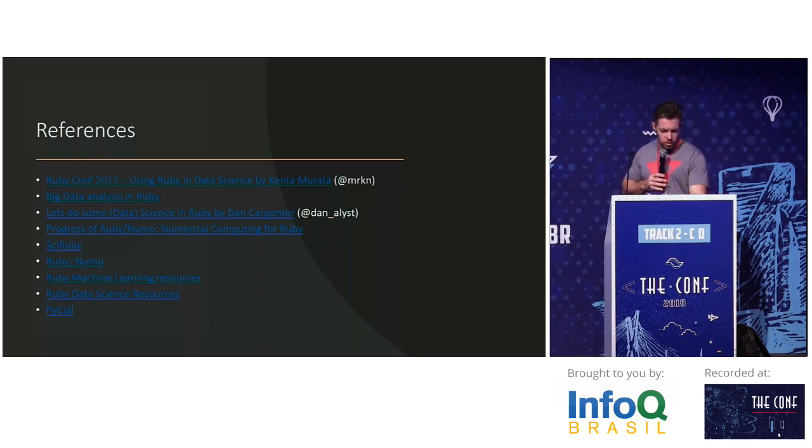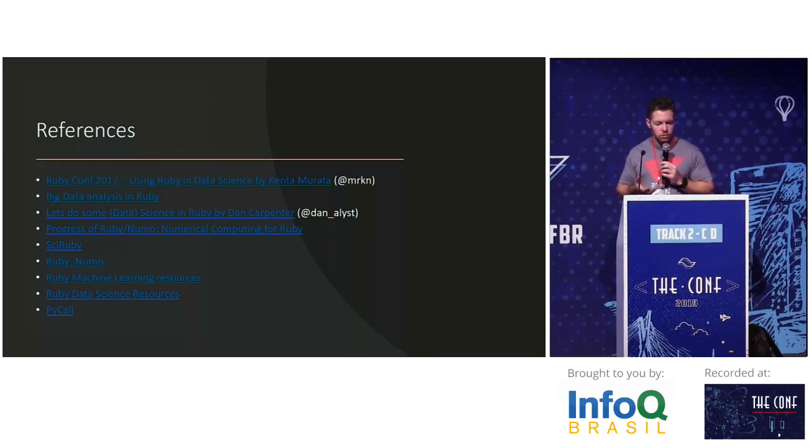There is a really great talk on YouTube also from Dan Carpenter. And the only source of documentation for the Ruby Numo project that I could find is this presentation from the guy that created the project. And we also have here pointers to SciRuby, Ruby Numo, and a great page with Ruby machine learning and data science resources.